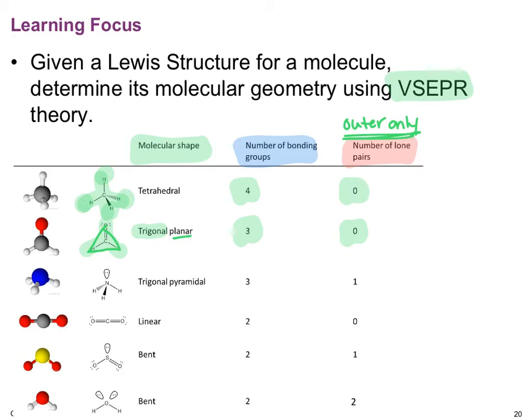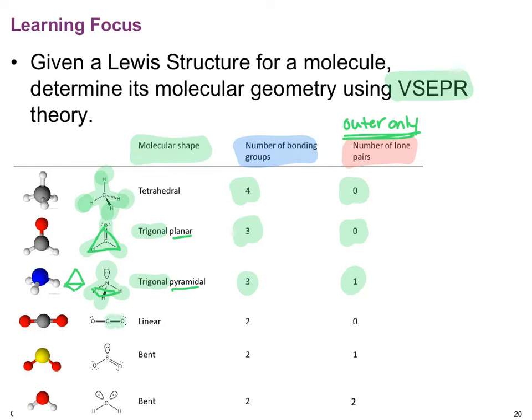If we compare that to the next one where we have trigonal pyramidal, so we have 3 atoms that kind of form a triangle, those 3 outer atoms, but now it looks like a pyramid. So overall, we have kind of a pyramid shape. So to get this molecular shape, we're going to have 3 bonds, which we have, plus a lone pair. So 3 bonding groups and 1 lone pair is going to give you trigonal pyramidal.